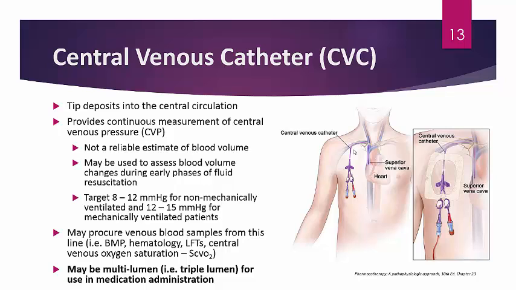So remember that our arterial circulation has oxygenated blood, and we say typically that venous circulation has deoxygenated blood. That's true to an extent, because your ScvO2 target is greater than 70%.